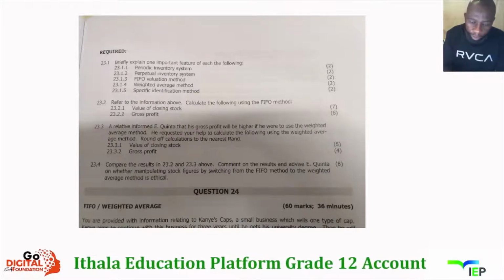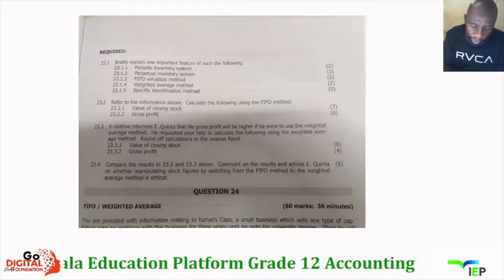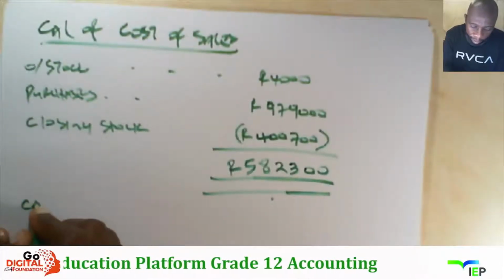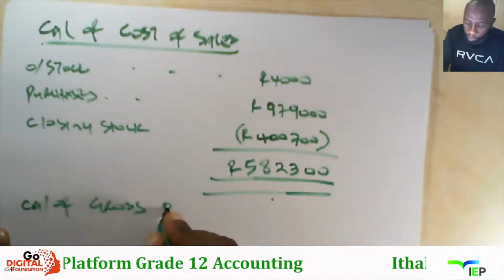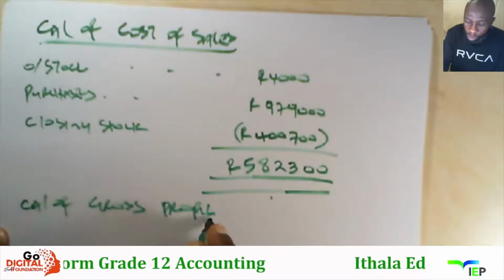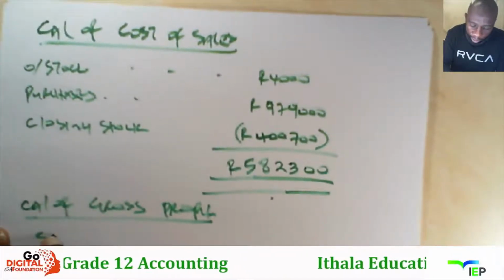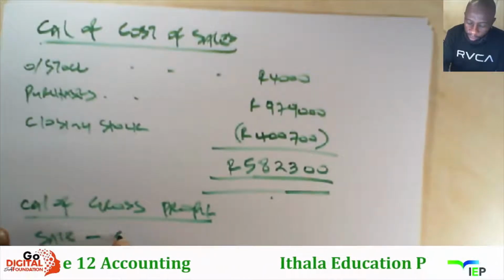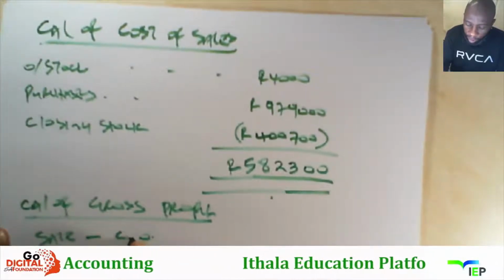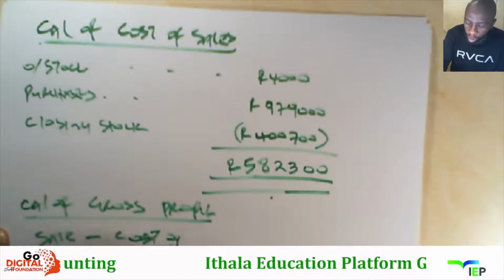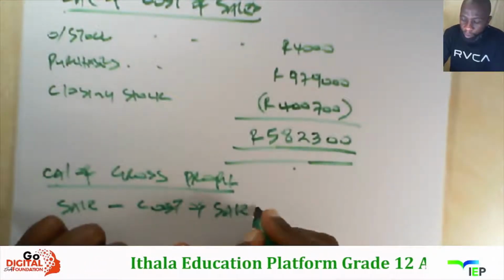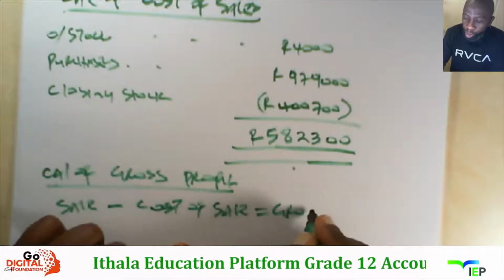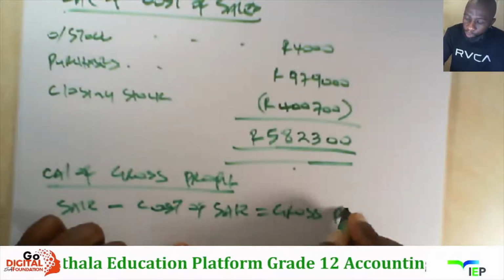Now let's go to the calculation of the gross profit equation. It is sales minus cost of sales is equal to gross profit.